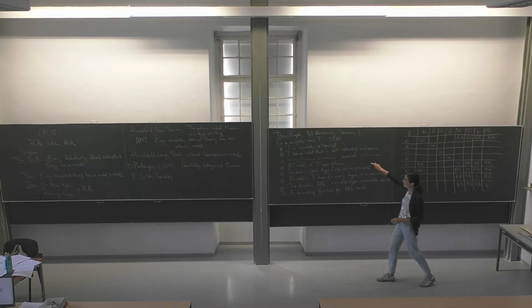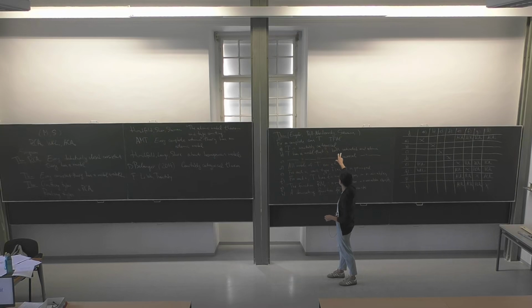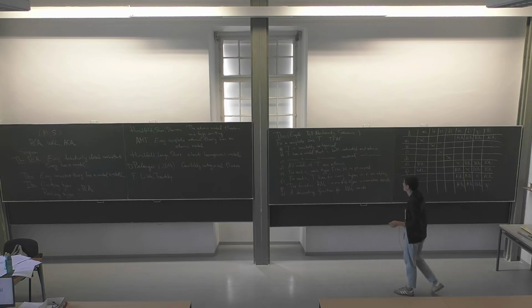Okay, so going back to this table, let's fill out some more stuff. He didn't look at those at all, the rated, atomic, universal ones, any of those. He looked at being countably categorical and properties related to the number of types in general.